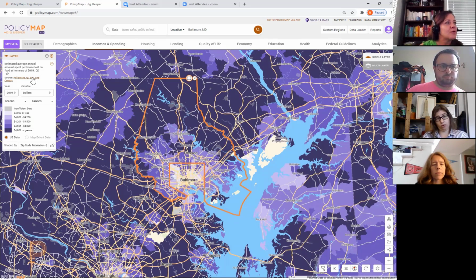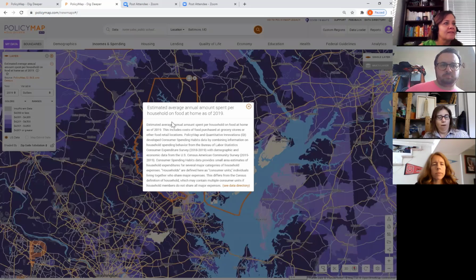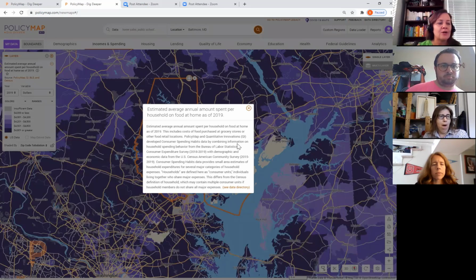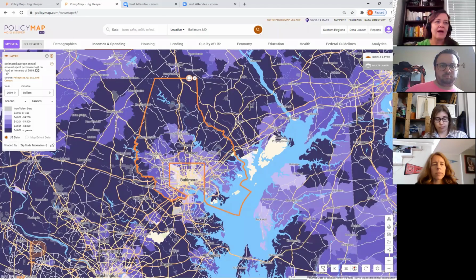So you can click on the source. You can click on the I from within the legend, and it's going to tell you exactly how this data is calculated and where it's coming from, and how recent the data is. But you can also link out directly to the data directory that I showed you at the beginning. So there's never any question about where this data is coming from.